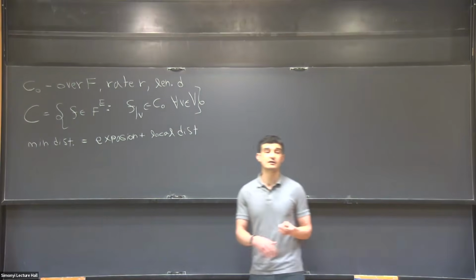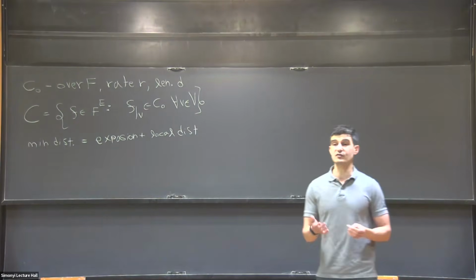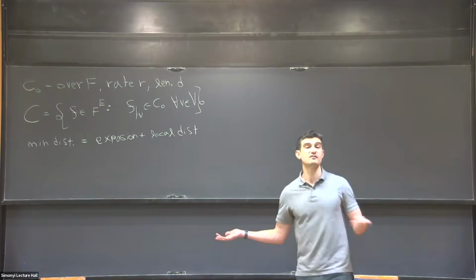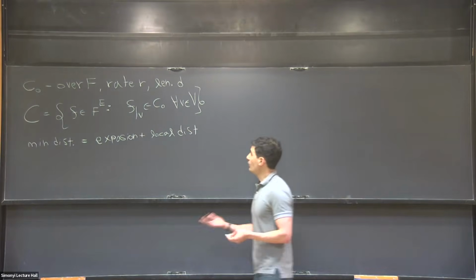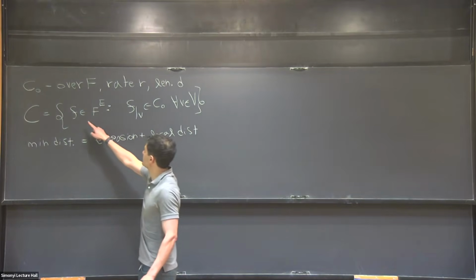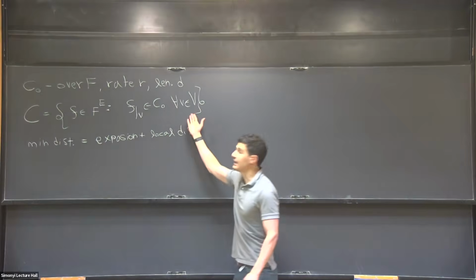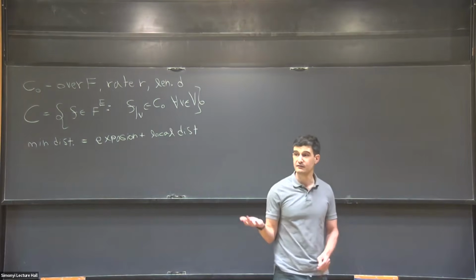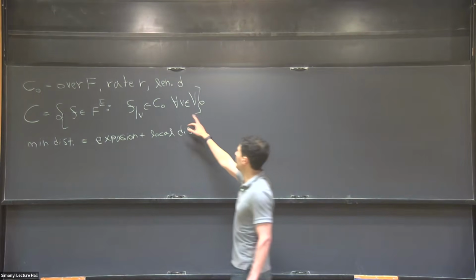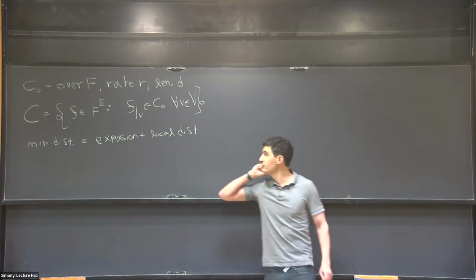The second parameter that you care about is the rate of the code. The argument about the rate is very simple, a simple counting argument. In order for a function to be in the space, it needs to satisfy certain linear constraints, the constraints imposed by each vertex.